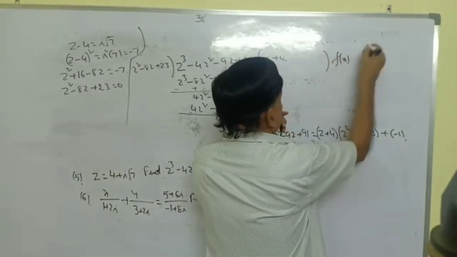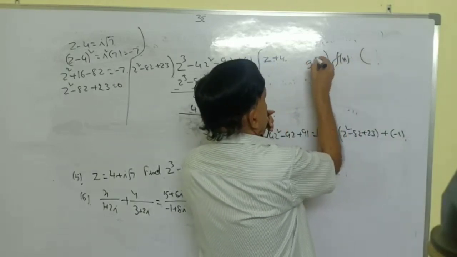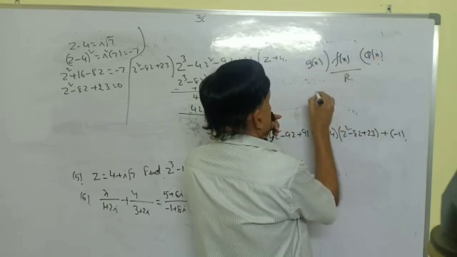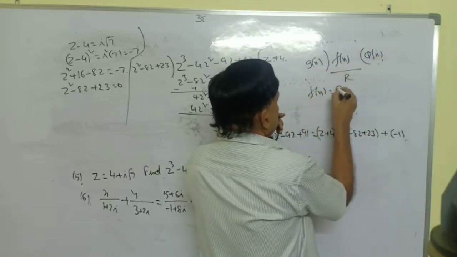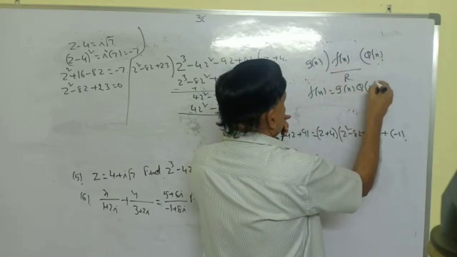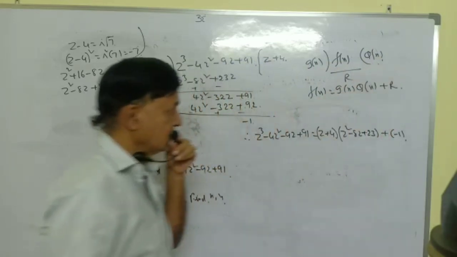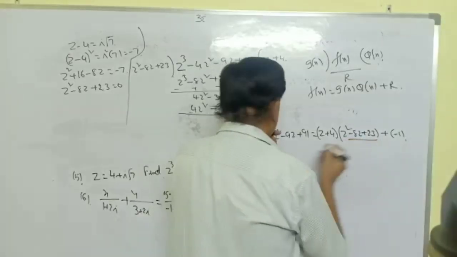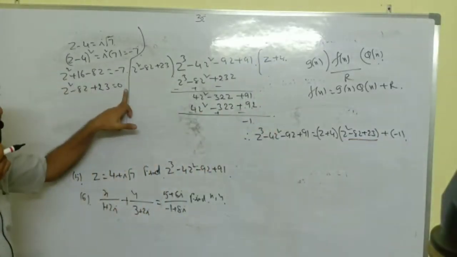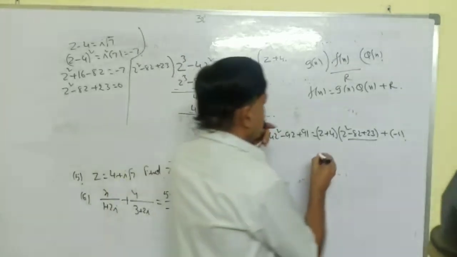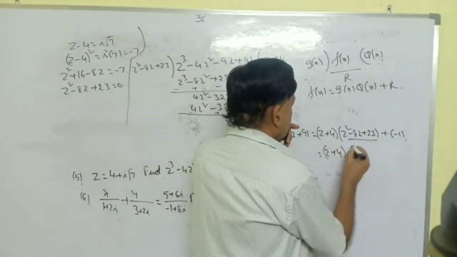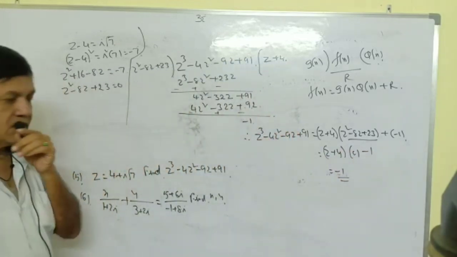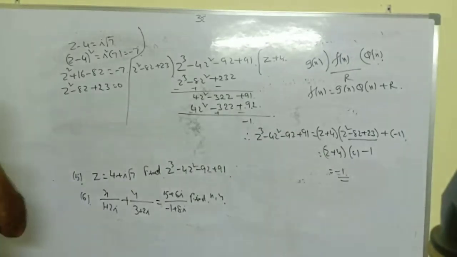Here f of x, let us say here some g of x, here q of x, here r. Then f of x is equal to g of x into q of x plus r. You know this? Now listen, what is the value of this? You got 0. So you are going to get z plus 4 into 0 minus 1. So the value of that happens to be minus 1.